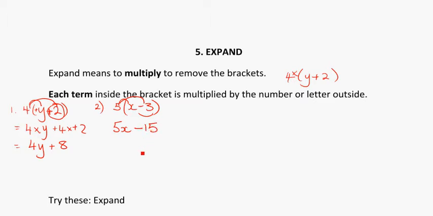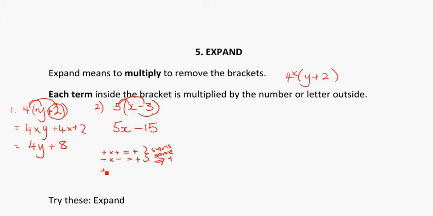So let's just revise the multiplying integers rules. When you have a positive and you multiply it by a positive, you get a positive. When you have a negative and you multiply it by a negative, you get a positive. So if the signs are the same, you always get a positive result.